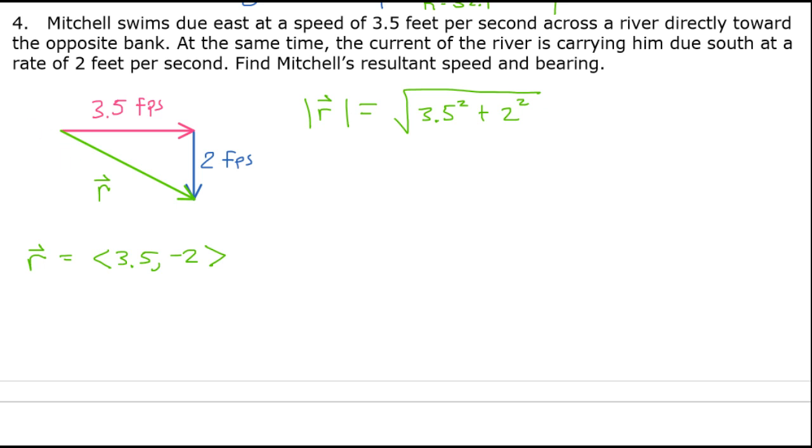It's right 3.5 and down 2: east 3.5 and south 2. Technically, if I look at it that way, maybe I could think of this as negative 2 squared to match what I'm doing here. Anyway, let's go ahead and find the magnitude of the vector.